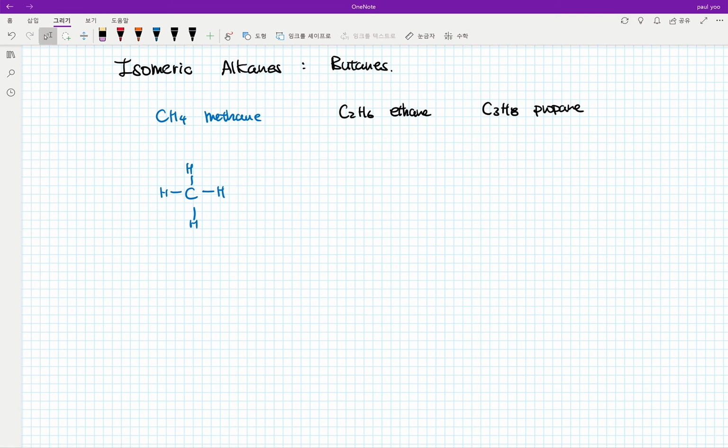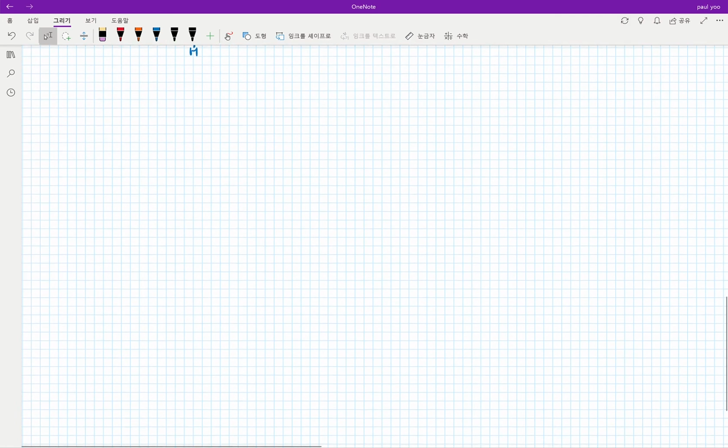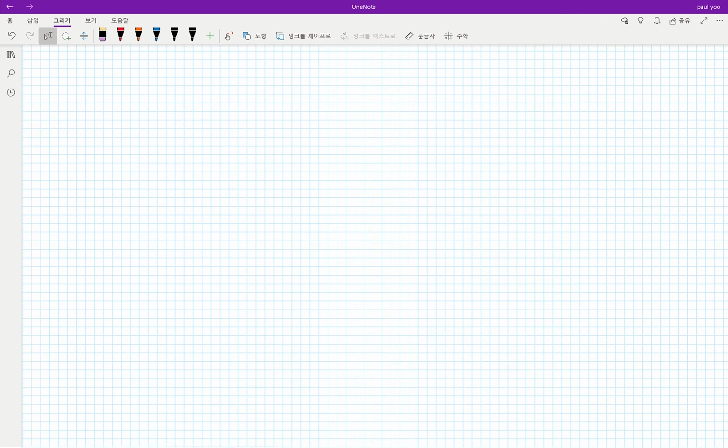But butane has isomers. N-butane is a 4 carbon joined continuous chain molecule.